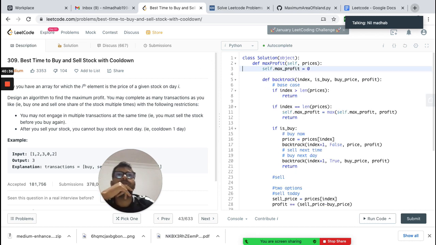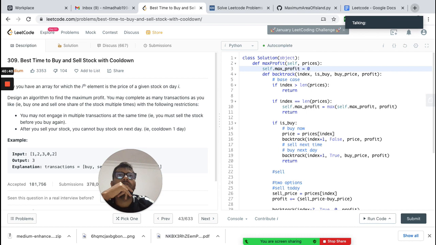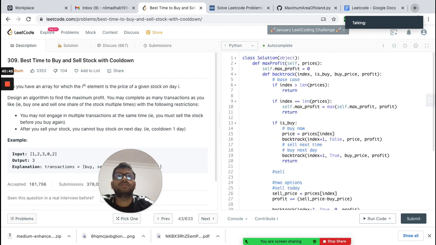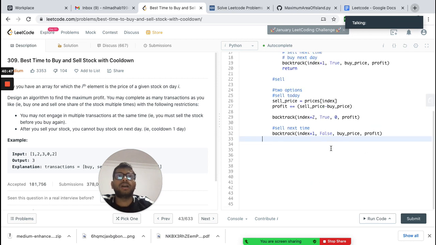So we have this, and let's also write the driver function here. Backtrack, and index will be 0, and I have to buy the first time, so it will be true.